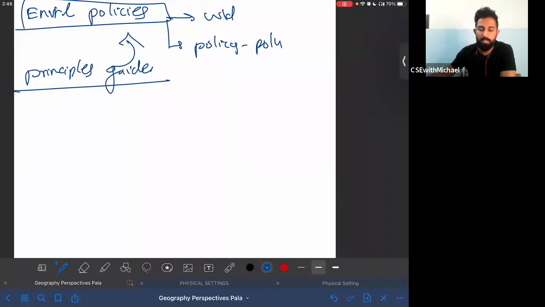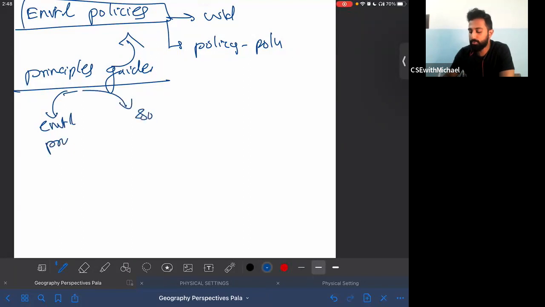They can be divided into 2 dimensions: principles which focus on environmental protection, and principles which talk about social angles. Now let's see what all these are.